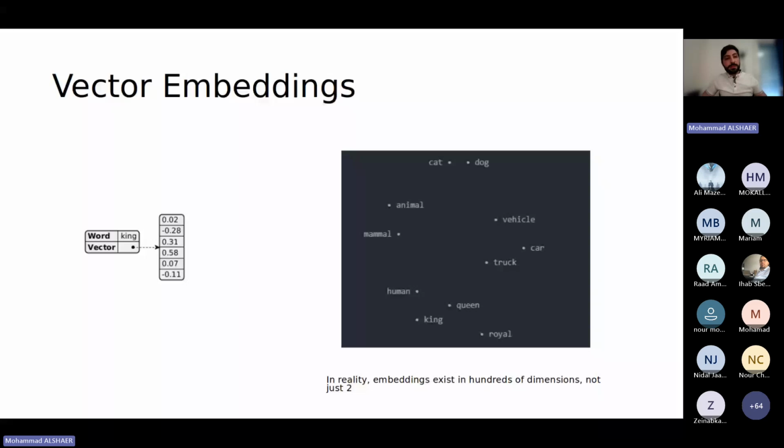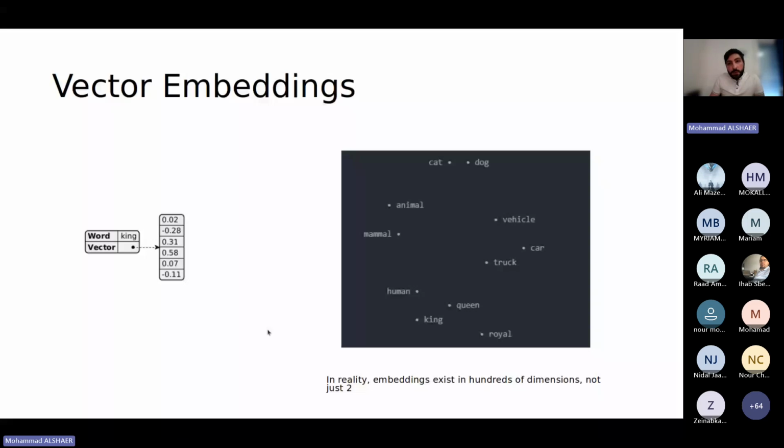As you can see here, to simplify things, we have the word king. It's represented by, and this is an example so they are not real values, a certain array or high dimensional vector.